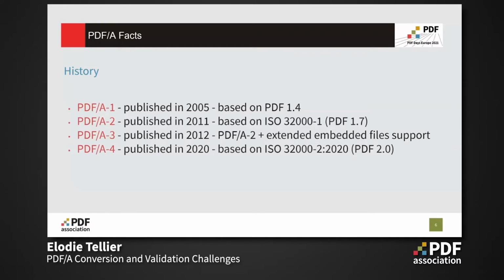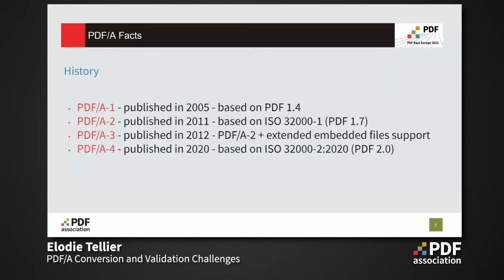The B level, with B for basic, only includes the necessary features needed for reliable reproduction of the document's visual appearance. PDFA 2 is published in 2011 and is based on ISO 32000, which corresponds to PDF 1.7.